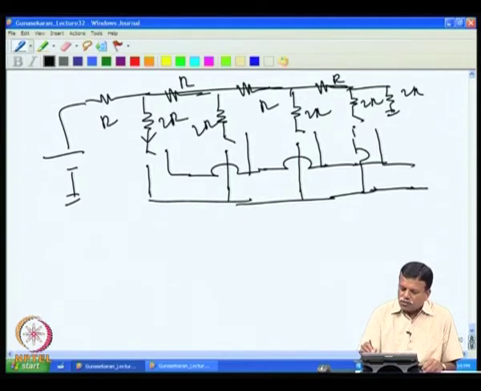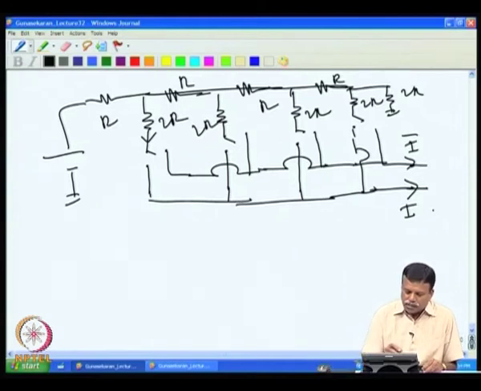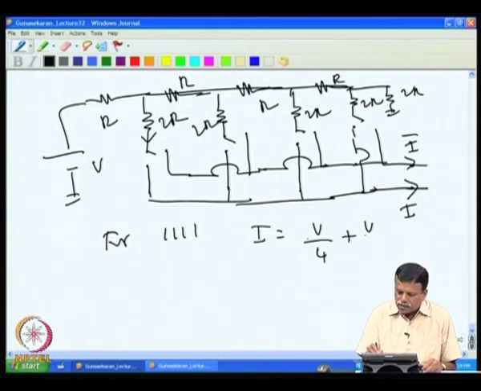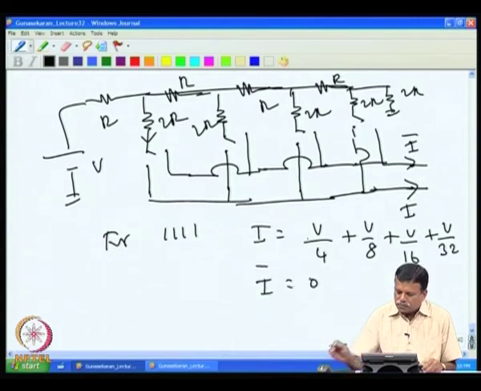We have 2 output currents coming here, one we call I and the other I bar. If all inputs are 1, that is 1 1 1 1, I would be equal to V reference by 4R plus V by 8R plus V by 16R plus V by 32R, and I bar will be equal to 0.